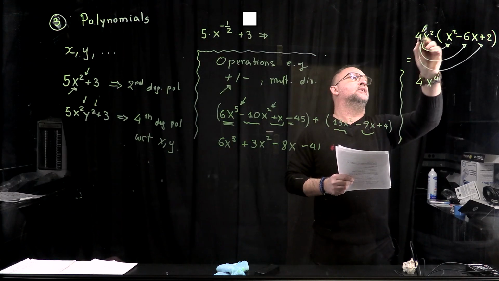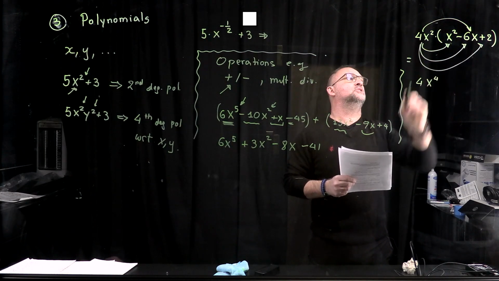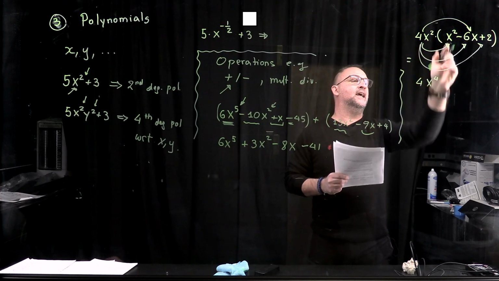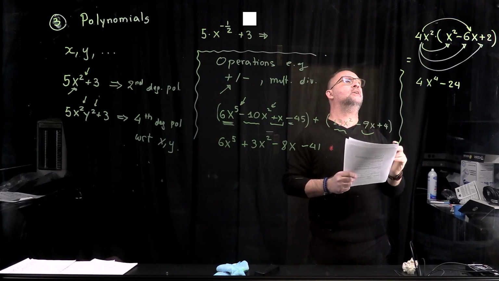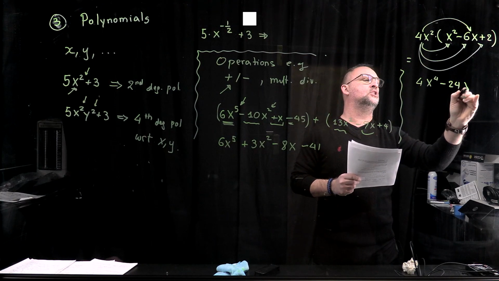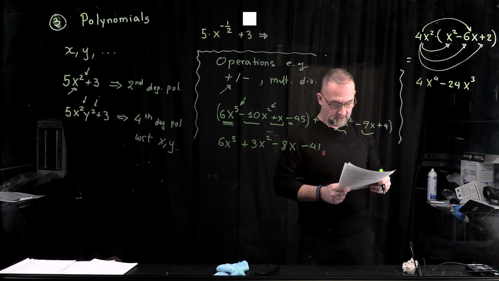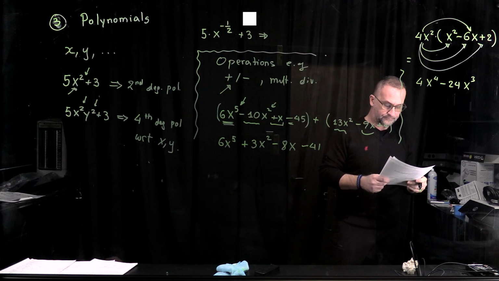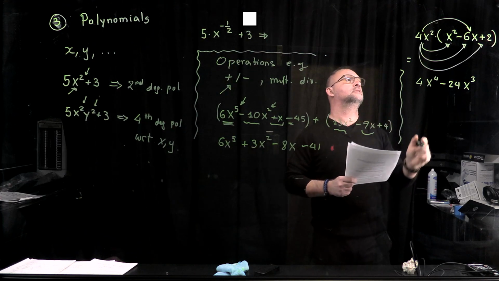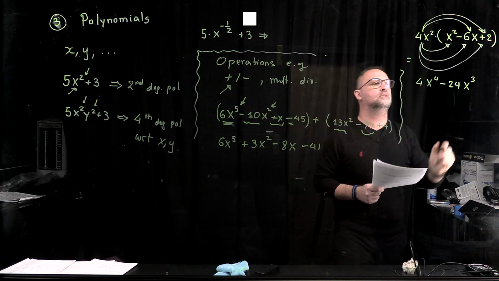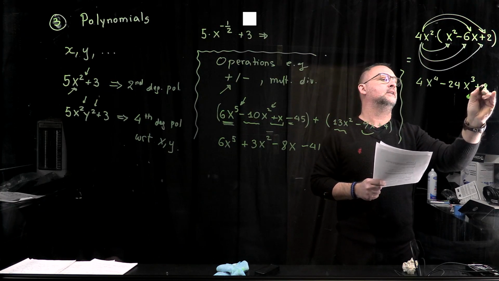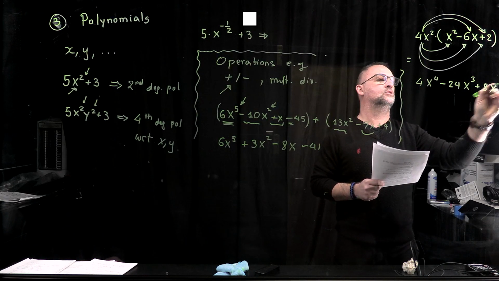and then what else? We got this times this, which is 4 times 6, which is 24. It's a negative 24, and the exponent is x times x squared, it's going to be x cubed, x to the power of 3. And what else is left is 4x squared with 2, that's going to yield plus 8x squared.